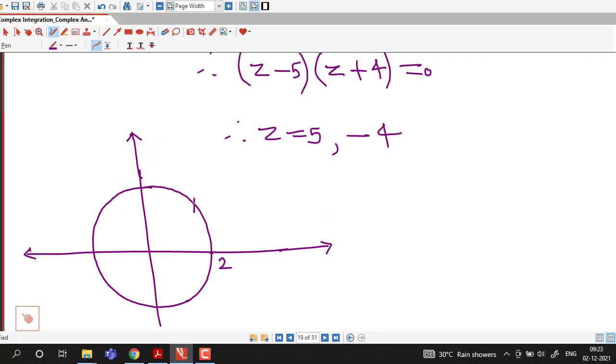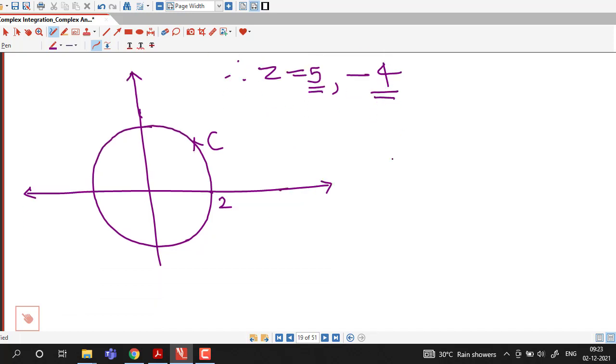So this is our contour mod z equal to 2. Now the function is not analytic at z equal to 5 and minus 4. So z equal to 5 will be outside somewhere here, and z equal to minus 4 also, because this is minus 2, it will be somewhere here.